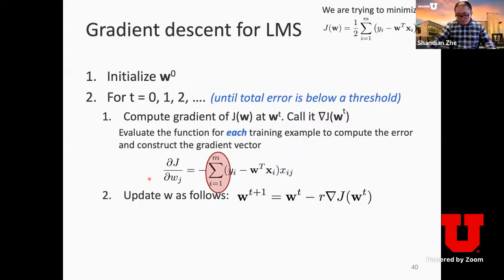But imagine in real world applications, it's often the case that you have to process 1 million training examples or even 1 billion training examples. So even if you train a simple linear model, to perform one single update, you have to go through 1 million or even 1 billion training examples to calculate all those prediction errors, multiplying with the feature values together to get one update. It is very, very slow.